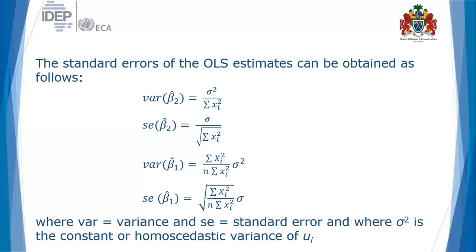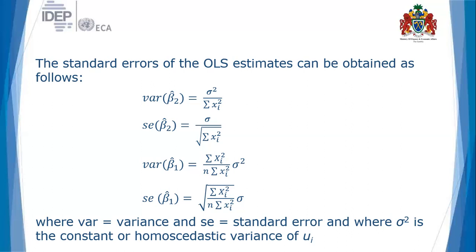If we take the square root on both sides, we get the standard error of beta hat 1, which is equal to the square root of the summation of xi squared divided by n times the summation of xi squared, multiplied by sigma.